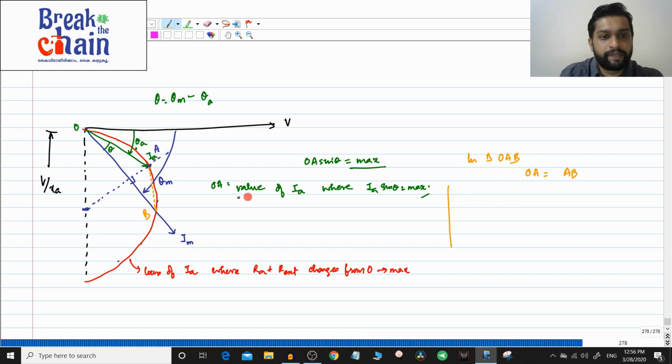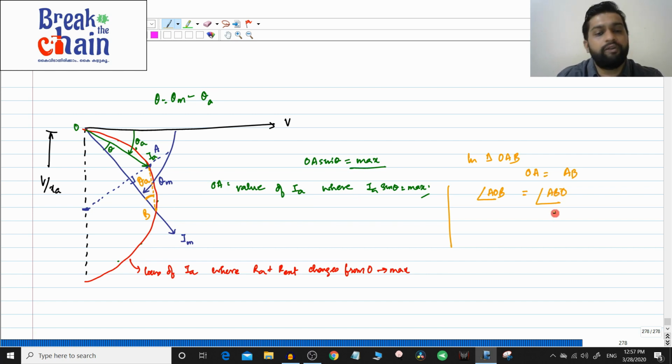That means angle AOB will be equal to angle ABO, since these two sides are equal. This angle and this angle will be exactly the same. Now, if you use a little bit of mathematics here, you can find that if this angle is theta a, this angle also will be theta a.